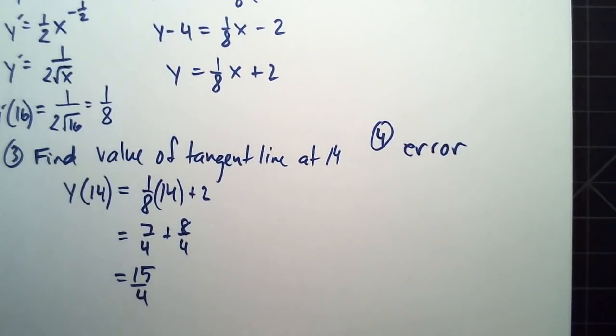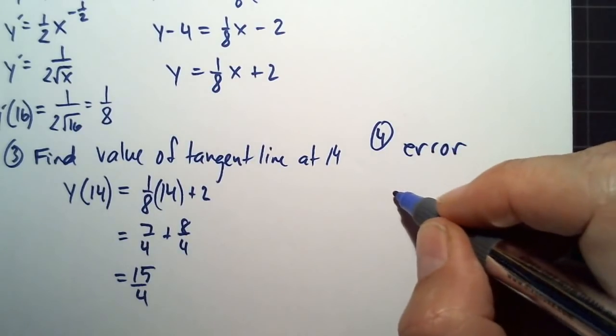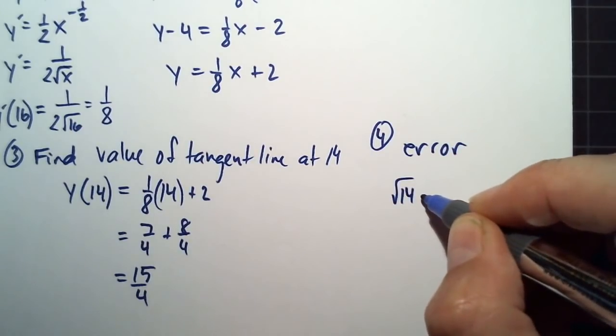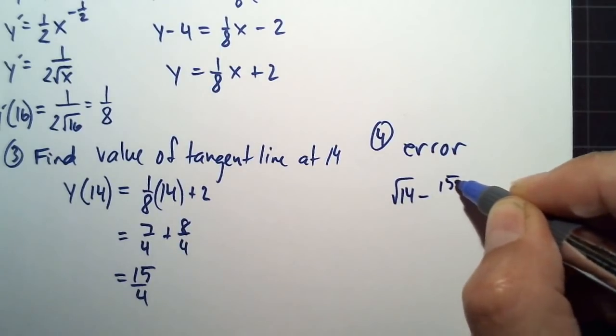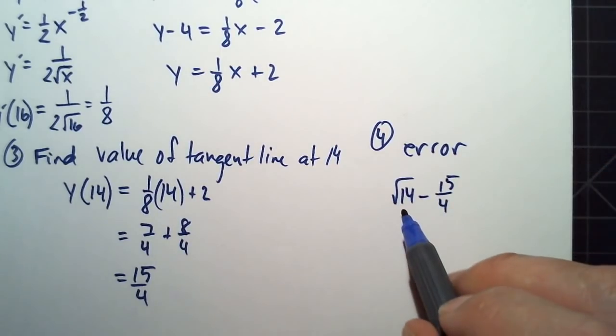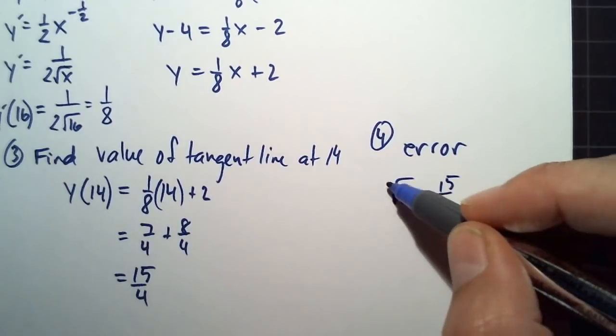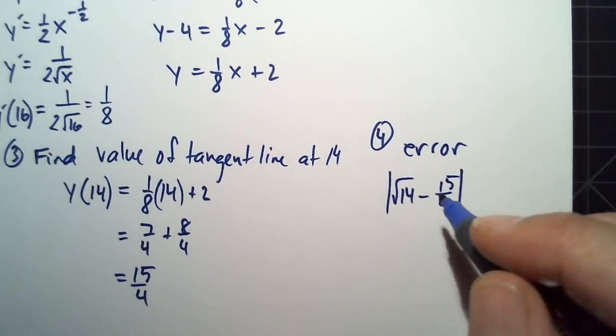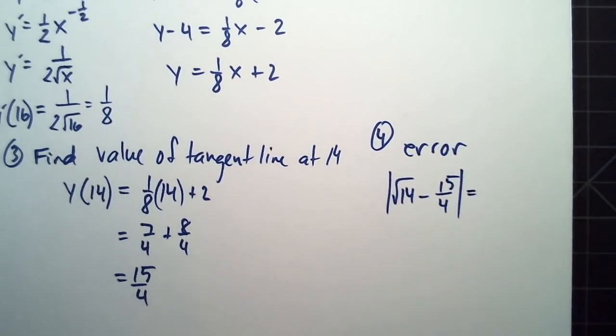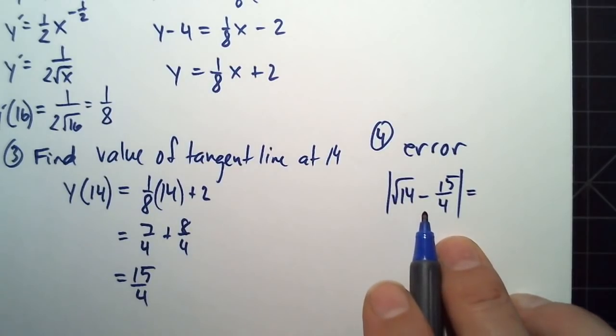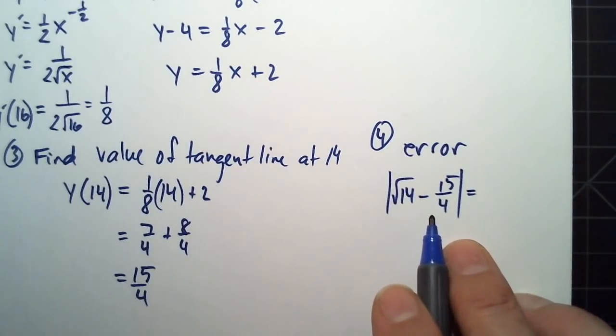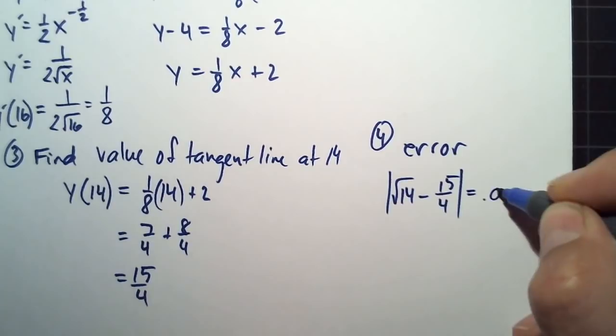How close is the approximation to the actual value? We say that the error is radical 14, the actual value, minus the approximate value, and then we do absolute value because we don't care if it's above or below, we're just saying how close is it.